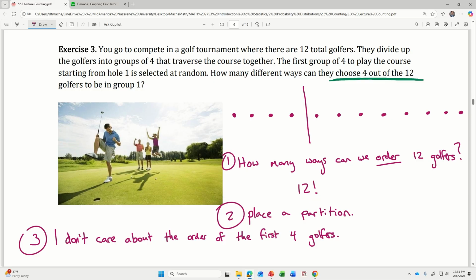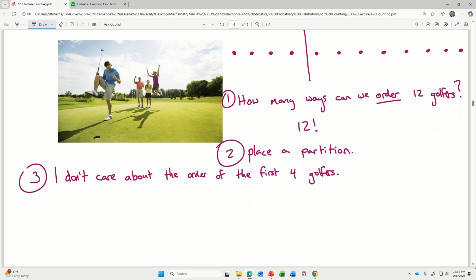But whenever I counted 12 factorial, a lot of these permutations have exactly the same 4 starting golfers, but they just appear in a different order. Well, how many copies do I have with the same 4 starting golfers, just in a different order? I have 4 factorial copies of each starting set, right?